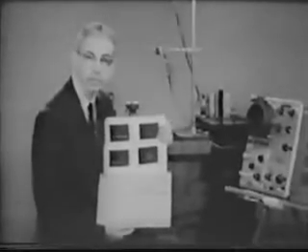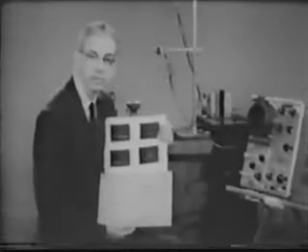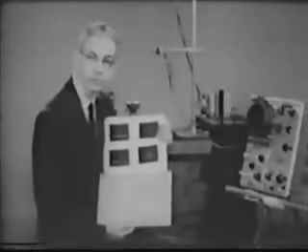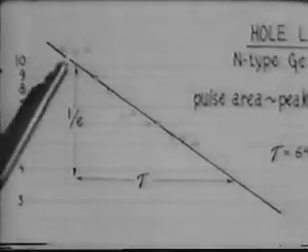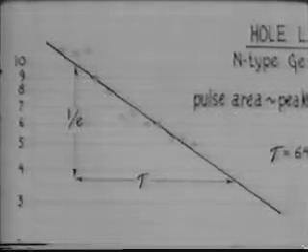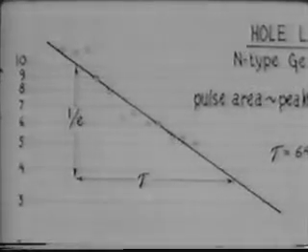Using our pictures again, we have plotted pulse areas as a function of delay time on semi-logarithmic coordinates. The vertical axis is the pulse area, which you remember is proportional to the number of holes which succeed in reaching the detector. The horizontal axis is the transit time of the holes. The data points scatter, but as you can see, they can be approximated by a straight line.